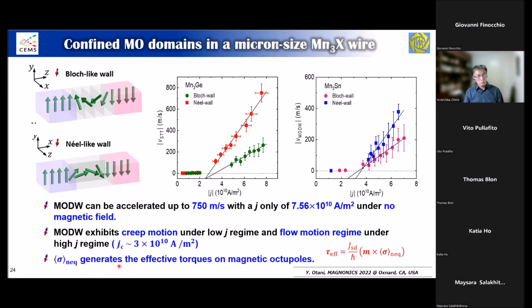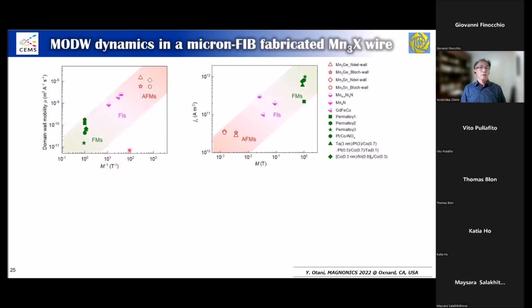What we would like to say is that we are proposing that non-equilibrium spin accumulation, which arises in the vicinity of the domain wall, may be responsible for this domain wall motion. That's what we are thinking at the moment. Also, if we summarize domain wall mobility as a function of magnetization, it looks like this.